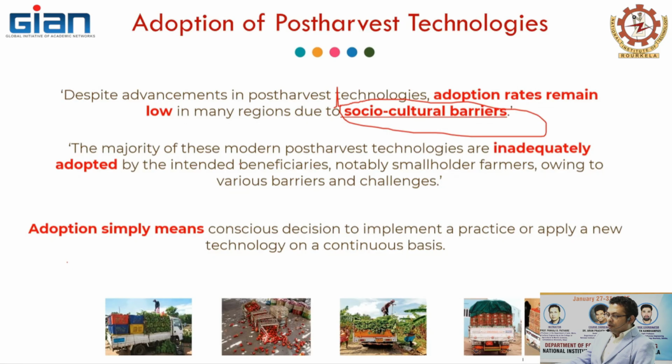The farmer side is maybe our part: smallholder farmers, because landholding is small, and the technology may be expensive, or we may not have enough product to process or use the technology for. That may be some reason.